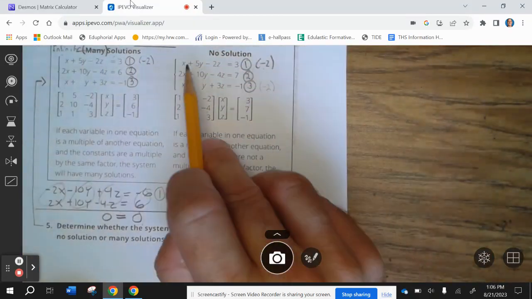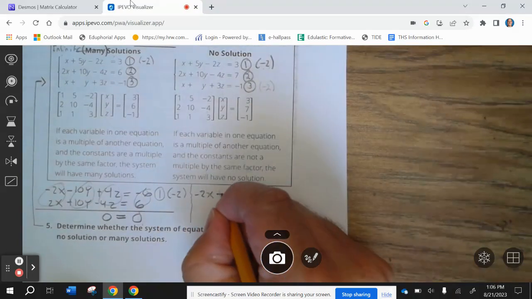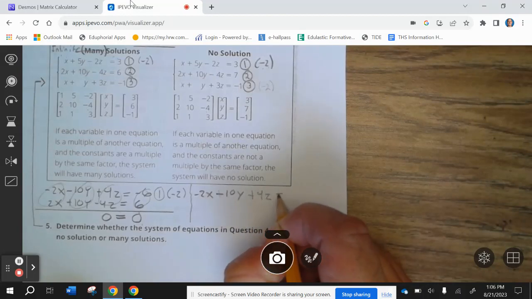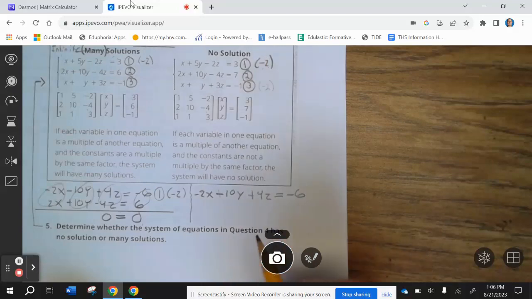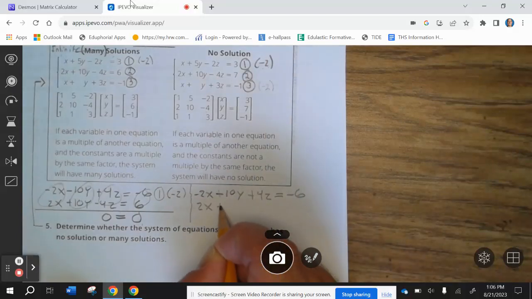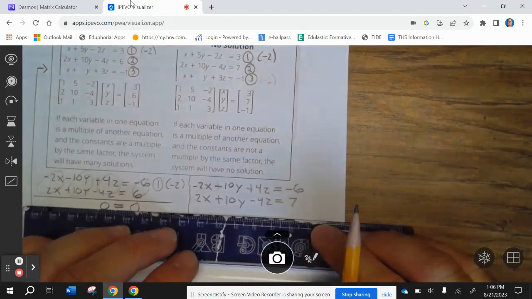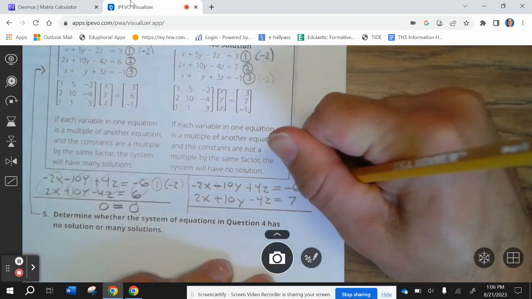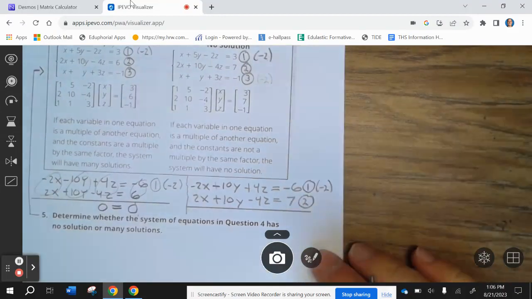So negative 2 times x is negative 2x. Negative 2 times 5y is minus 10y plus 4z equals negative 6. And then we're going to combine it with equation 2. So that's 2x plus 10y minus 4z equals 7. So this was equation 1 multiplied by negative 2, and then this is equation 2.